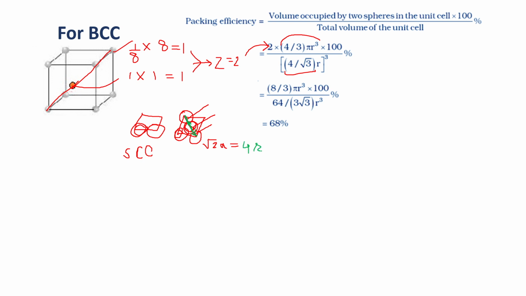We know that the volume of the unit cell we have considered is a cube. Writing it another way, a is equal to 4 by under root 2. Excuse my writing, please. It is difficult to write over here using a mouse.